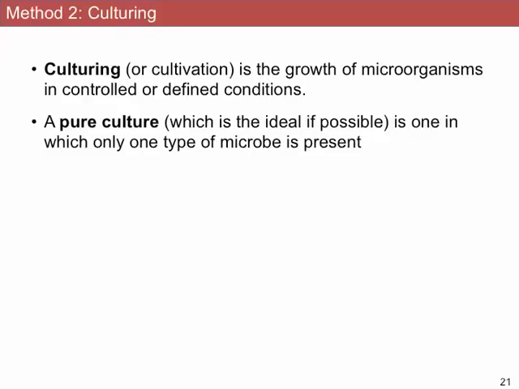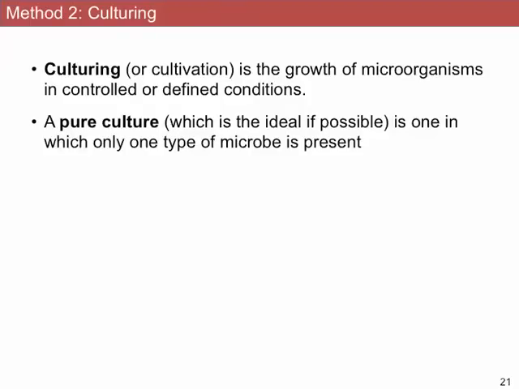You can go to an environment, put out a set of food for the microbes, and grow them. If you just take your environmental sample and put it right into the food, you might get what's called a mixed culture: 10, 100, 1,000 different kinds of microbes all growing together in your sample.